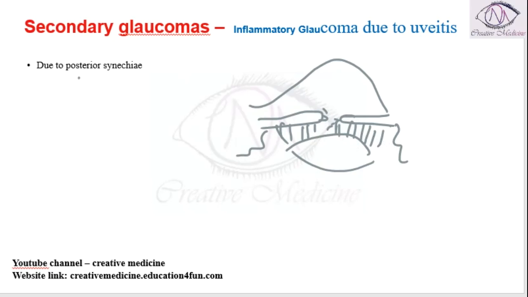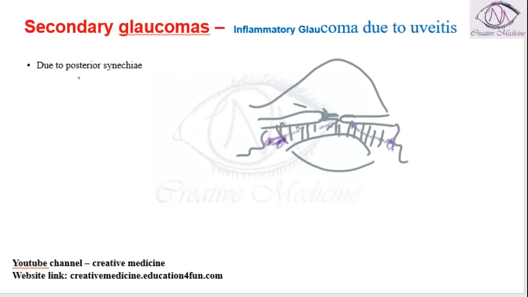So as a result, the aqueous humor which is formed here cannot go through the pupil, because of these adhesions the pupil is completely blocked. So the aqueous humor which is produced in the posterior chamber cannot reach the anterior chamber, and thus it cannot be drained.